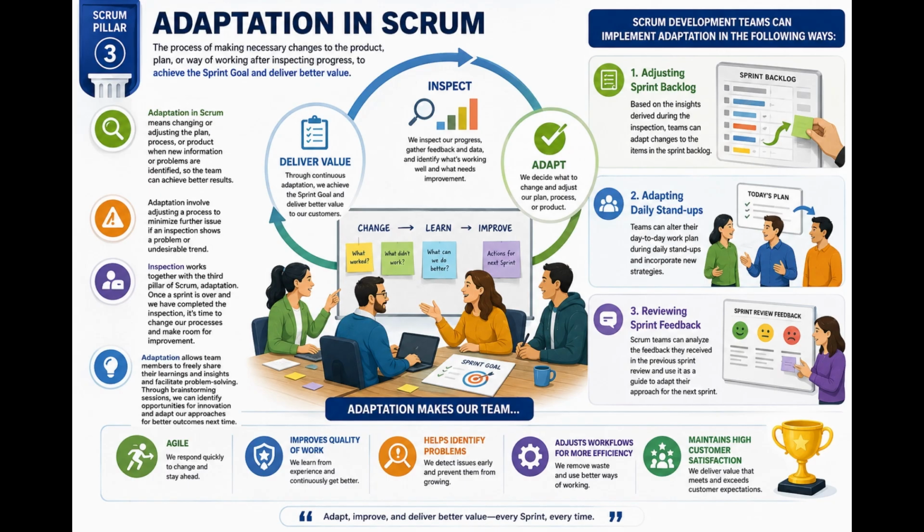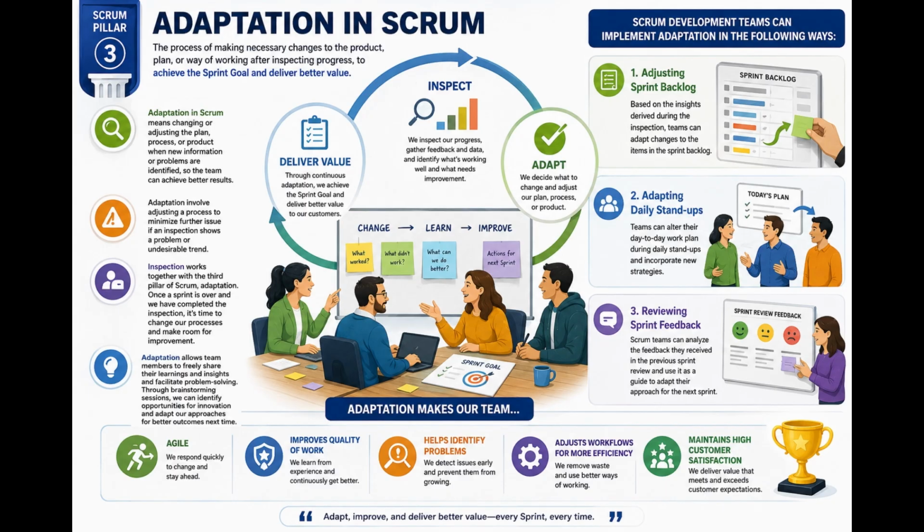Scrum development teams can implement adaptation in the following ways. Number one, adjusting the sprint backlog based on the insights derived during the inspection.